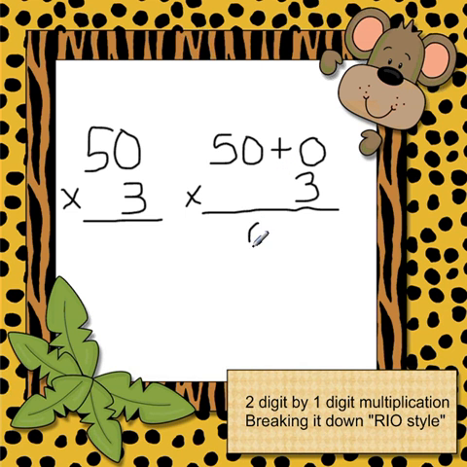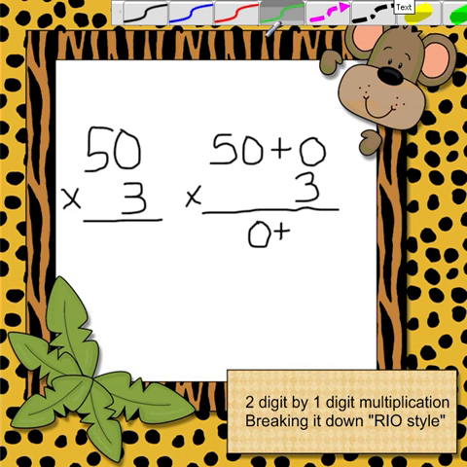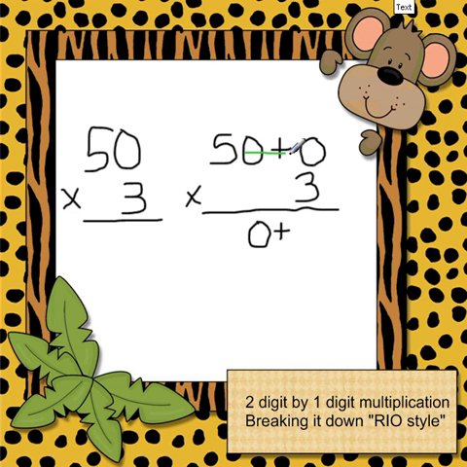So this 0 is going to fall to the floor along with the addition symbol, and we're going to get rid of that part. Now, 3 times 0. Well, any number times 0 is always 0. And 3 times 5 is 15. So we have 150 plus 0, which is 150.